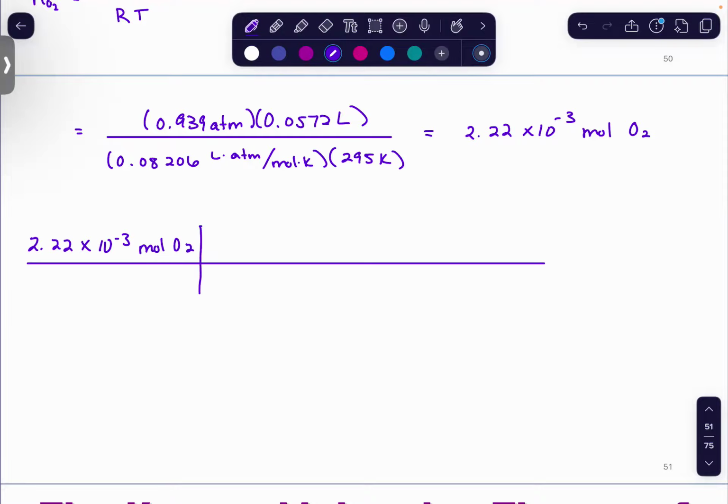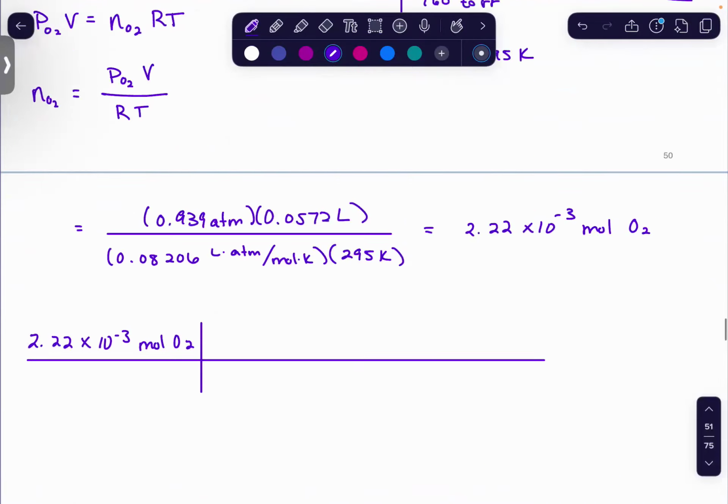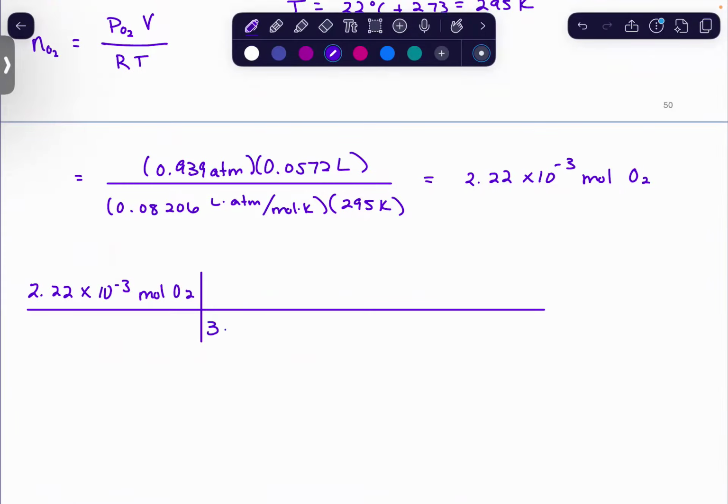Okay, so now we go back up to our chemical equation, and we see we have 3 moles of O2 to 2 moles of sodium chlorate. Okay, and then we use the molar mass we put into our known values, which is 106.44 grams of sodium chlorate per mole.